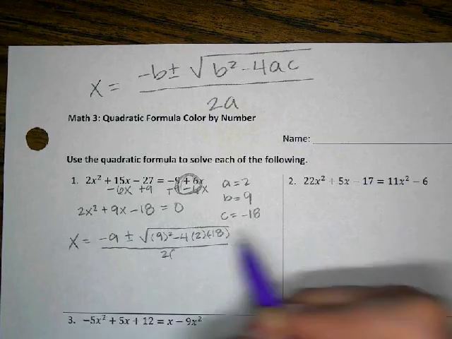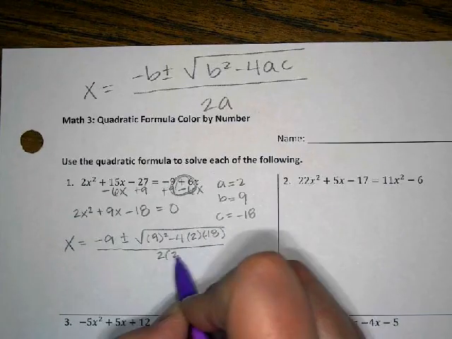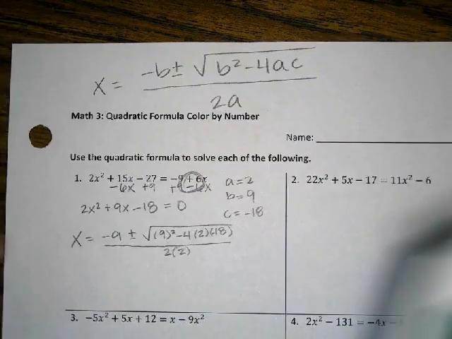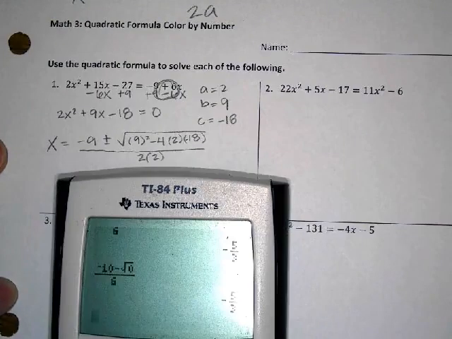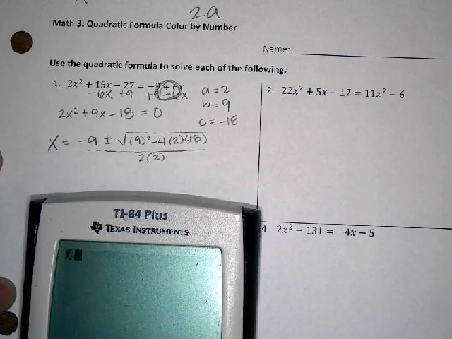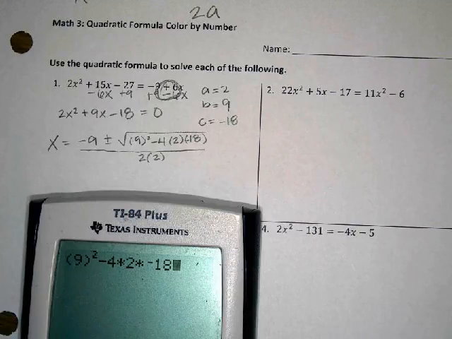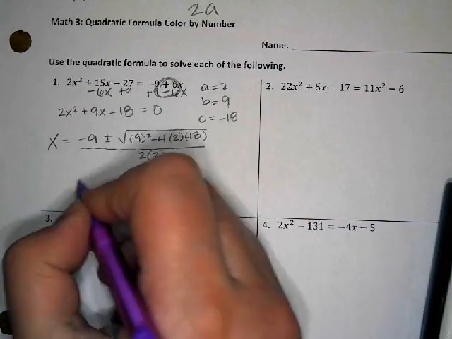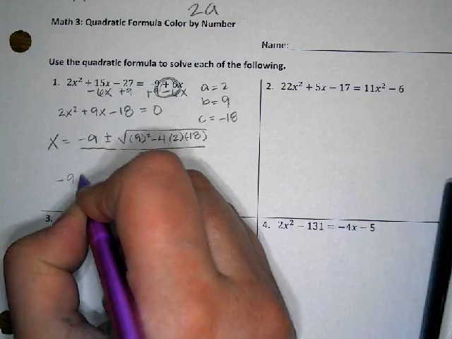And then we're going to plug the discriminant in to see what the discriminant is. 225. So we have -9 plus or minus square root of 225 over 4.